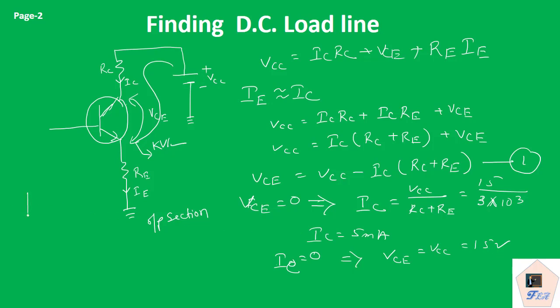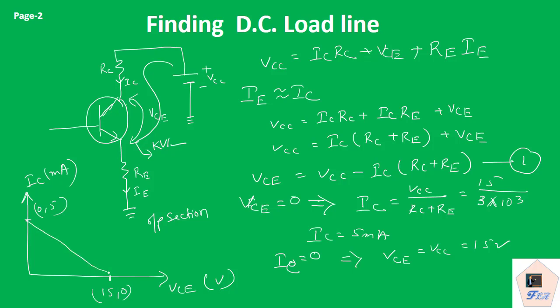So that means if we draw the DC load line, which is the plot of VCE versus IC, IC here is in milliampere and VCE is in volts. This point we found as 0, 5 and this point is 15, 0. So this is our DC load line. So the first part of the problem is done.